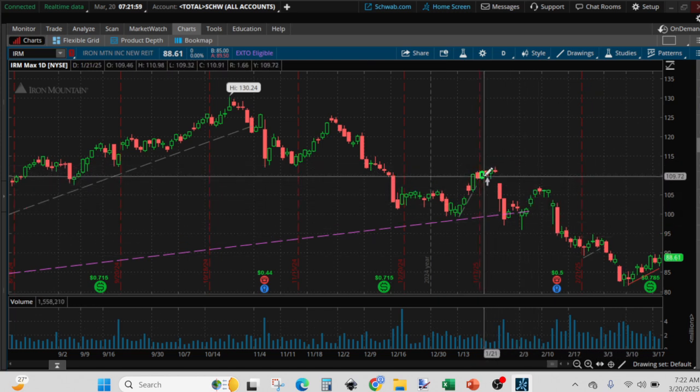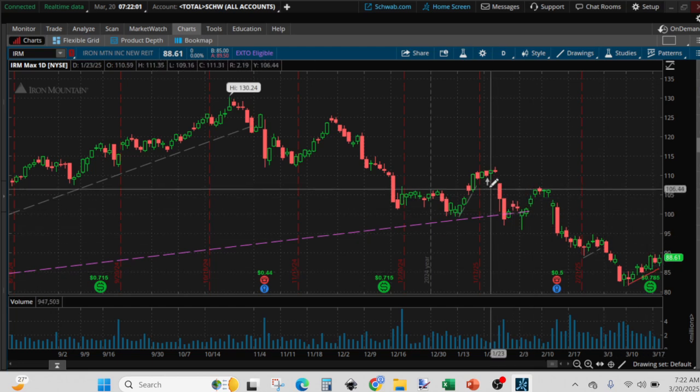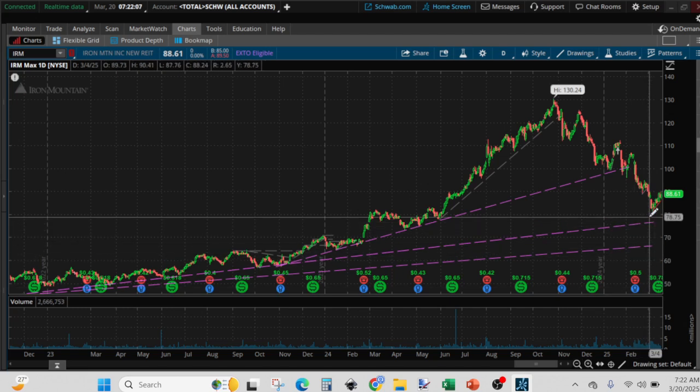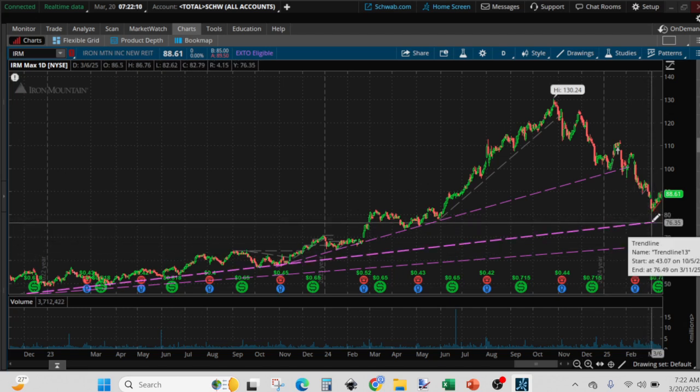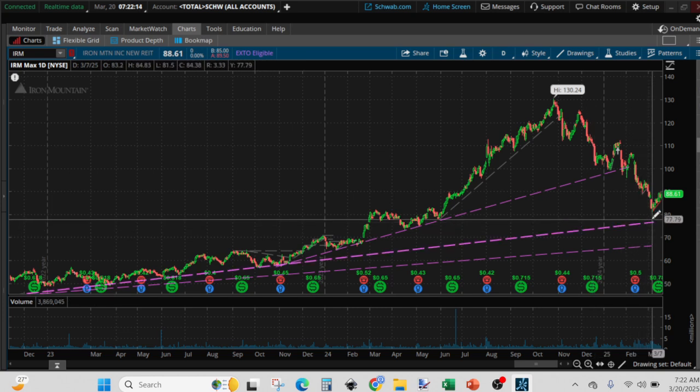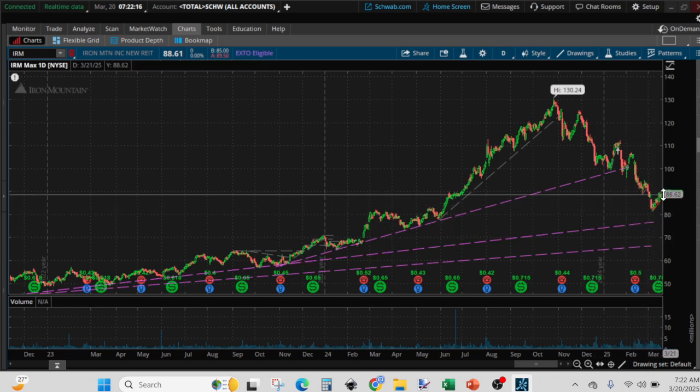I think we bought it at about a $20 difference a share. Right around this trend line there, but it could still try to turn around and come down.